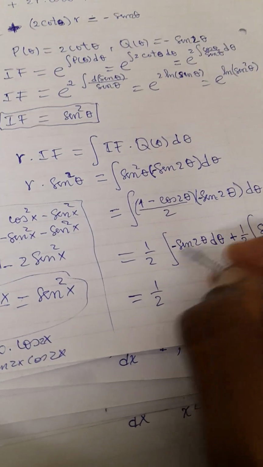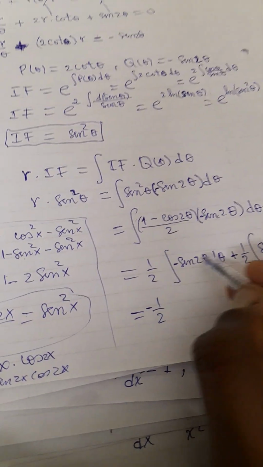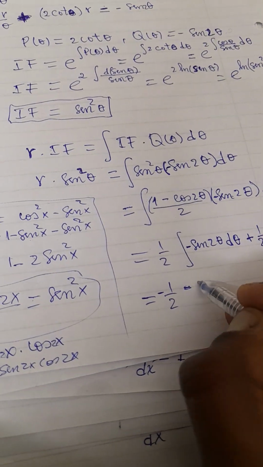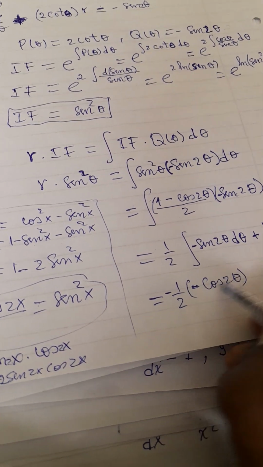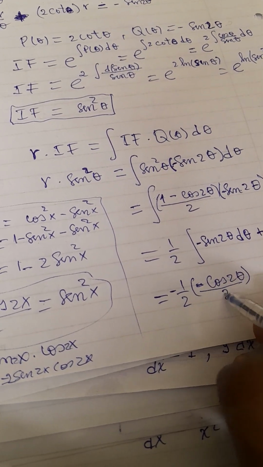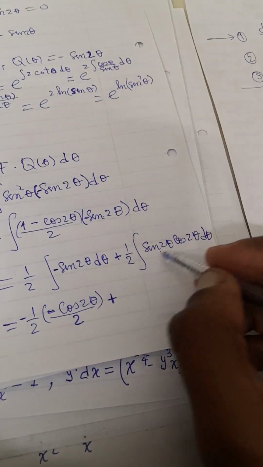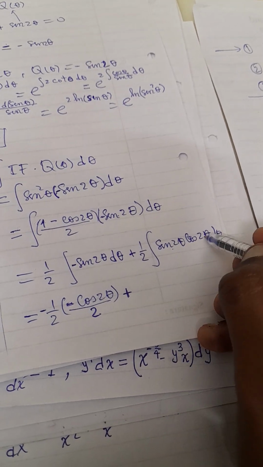So this will be then 1 by 2. This integral, we know the integral of sin, here it's negative. The integral of sin is negative cos. So it will be minus cos of 2 theta, by 2. Plus, here you have this one. This is cos of this and this and this.